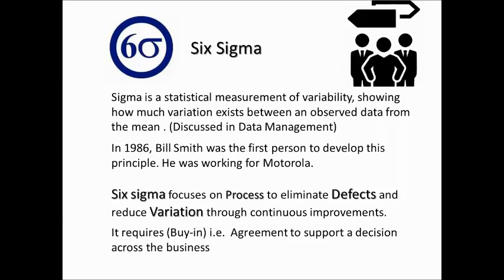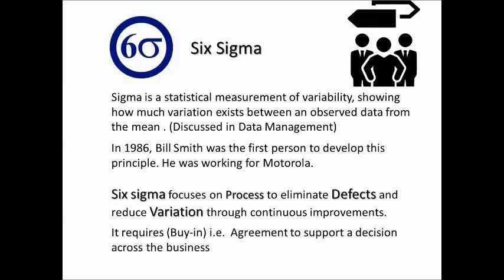In Six Sigma, the defects in the process will reach only 3.4 per million opportunities. That is, if you do the process a million times, there will be only 3.3 to 3.4 defects or errors while doing it the same way.